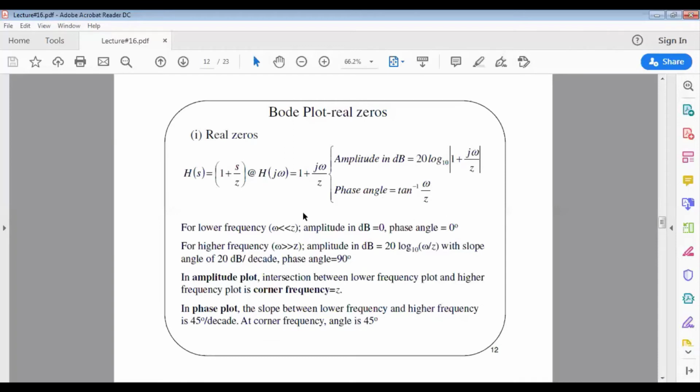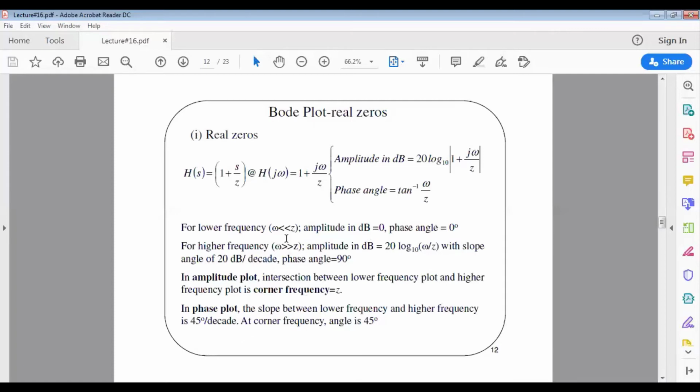Again, we have to divide into two conditions for the phase and amplitude plot, same like what we did for the real pole case in the previous slide. So for lower frequency, omega much smaller than Z, the amplitude will be 0 and the phase angle will be 0, which is evidently shown by these two equations. You can prove this on your own.